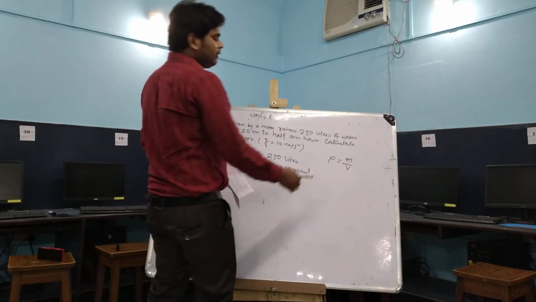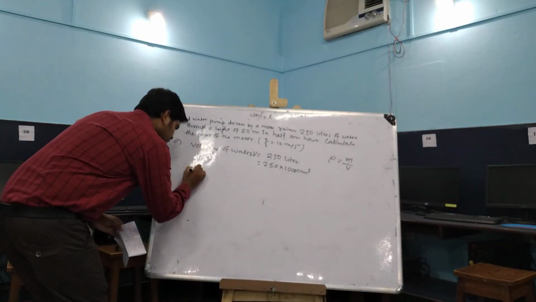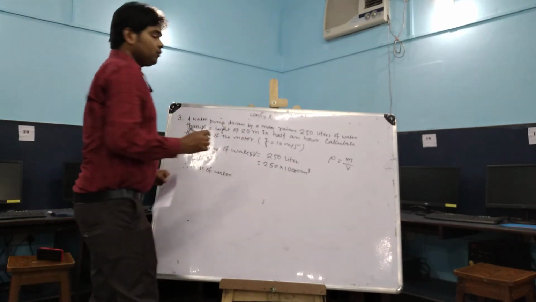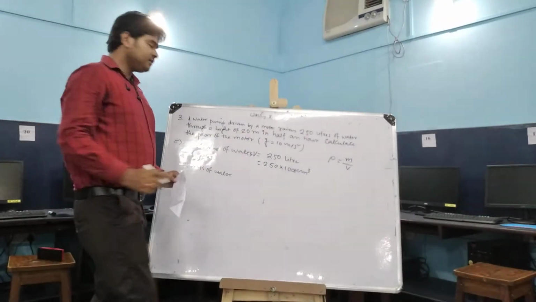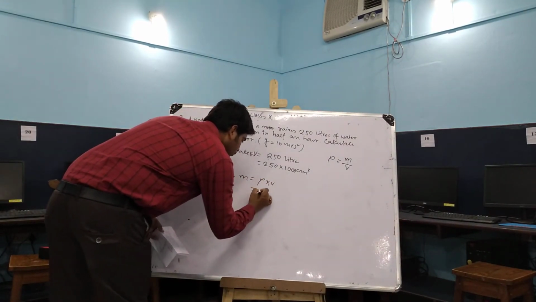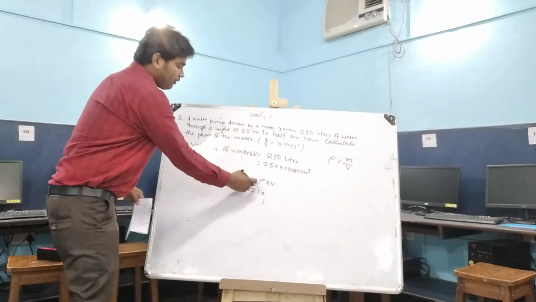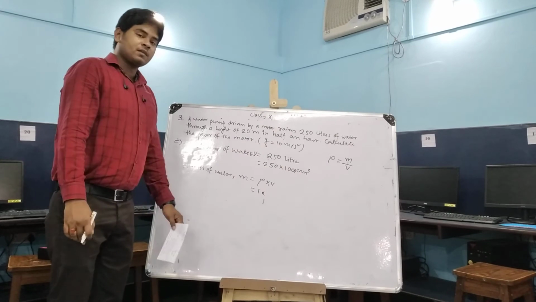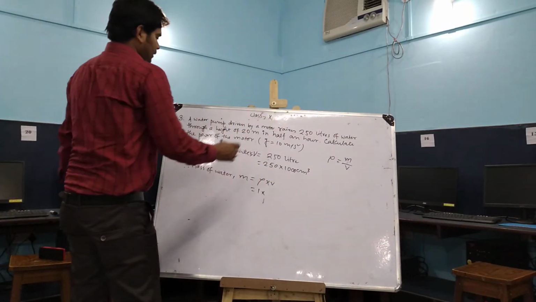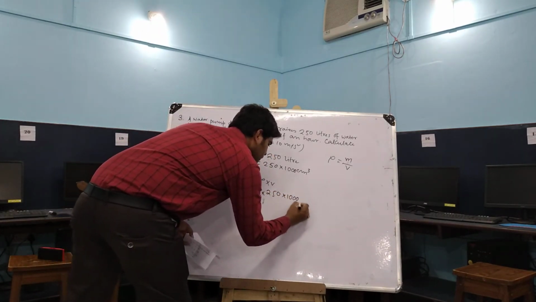From this equation, M is equal to rho into V. So the mass of water to be raised to the height of 20 meters is equal to rho into V. The value of rho is 1 gram per cubic centimeter for water, and the value of V is 250 into 1000.